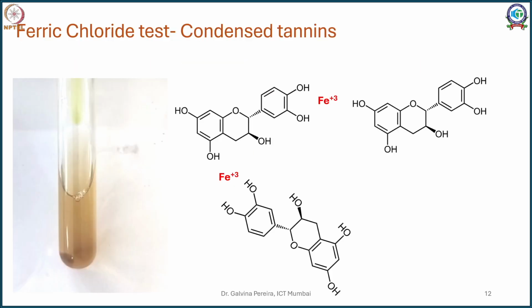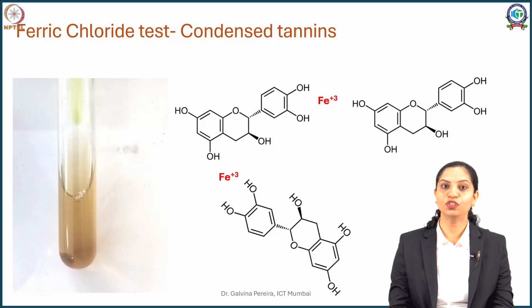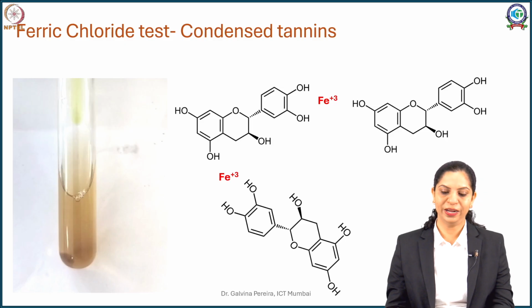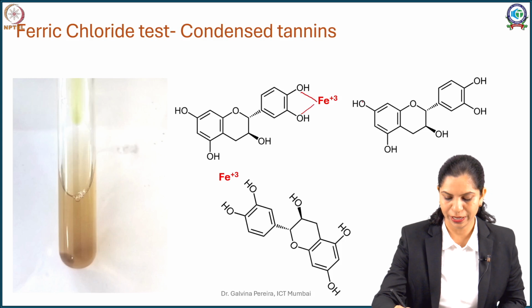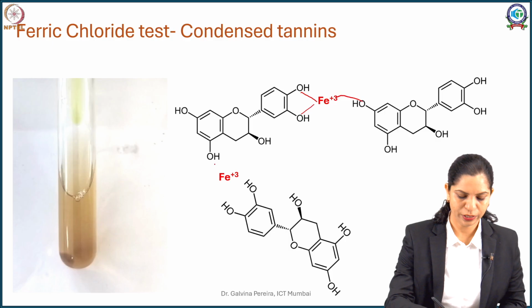Now moving to condensed tannins. Condensed tannins, especially the flavanol type, react with ferric chloride to give you a complex. Now this is similar to gallic acid, but you can see the nature of the complex is slightly different. So here also chelation does happen, that is the coordination complexes, and you can see.